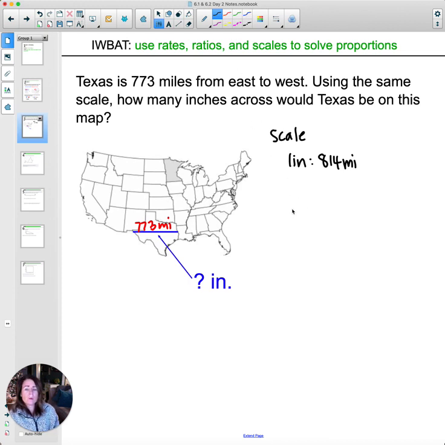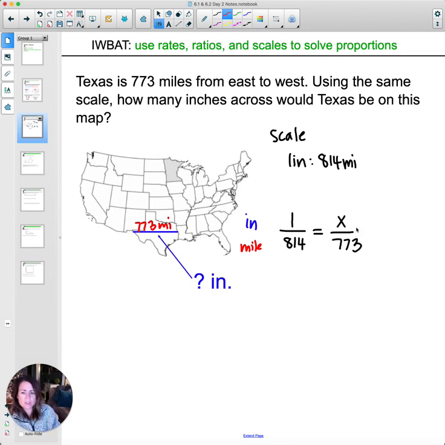We want this to be proportional, we want it to be equivalent. That 1 inch compared to 814 miles should be proportional to how much for 773 miles. You'll notice that you have your inch measurement on top and your mile measurement on bottom for both of these. So 1 inch, 814 miles, how many inches, 773 miles.